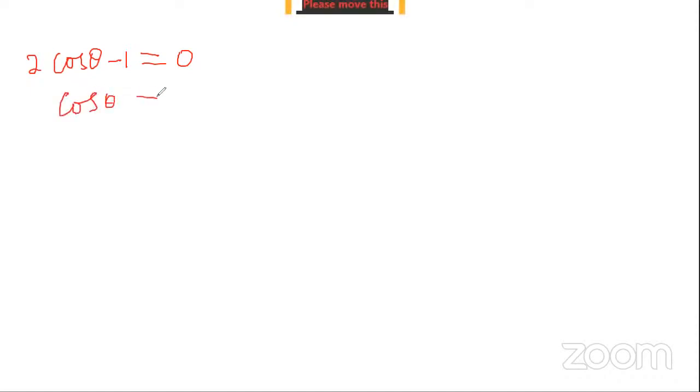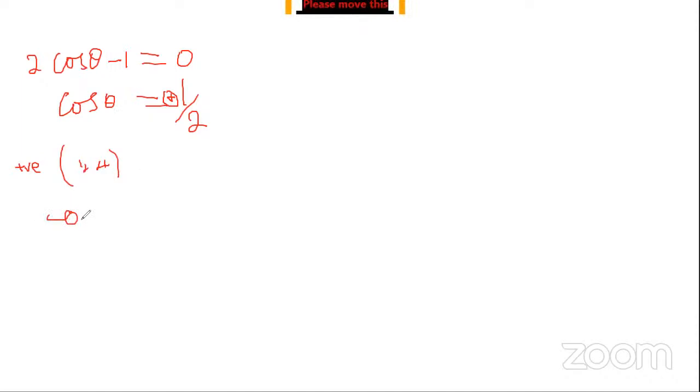So cos theta will be equal to a half. So then here we are going to find the angles where cos is positive. In which quadrant is cos positive? In the first and fourth. First and fourth. Okay.